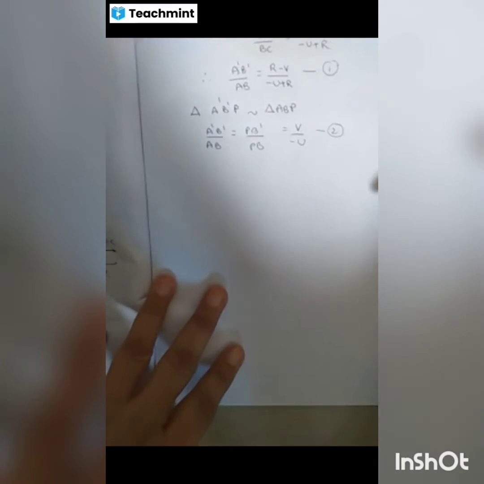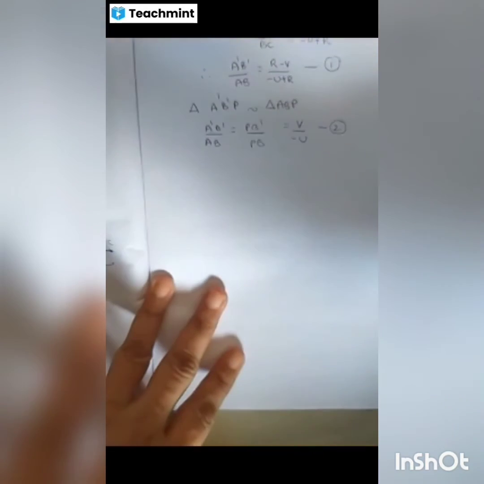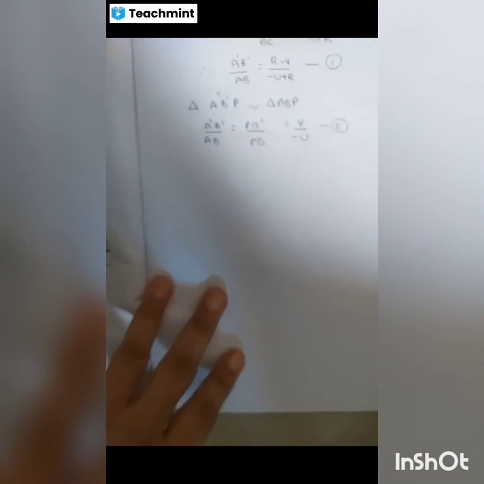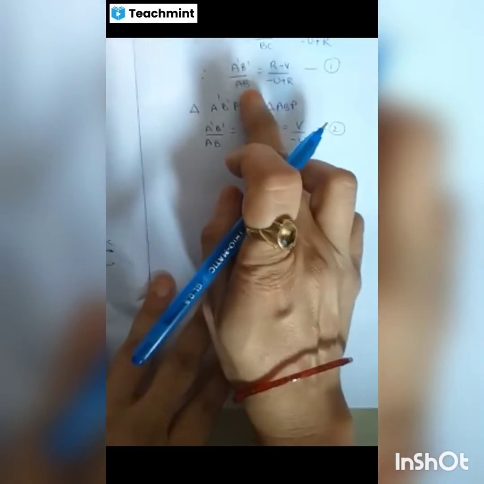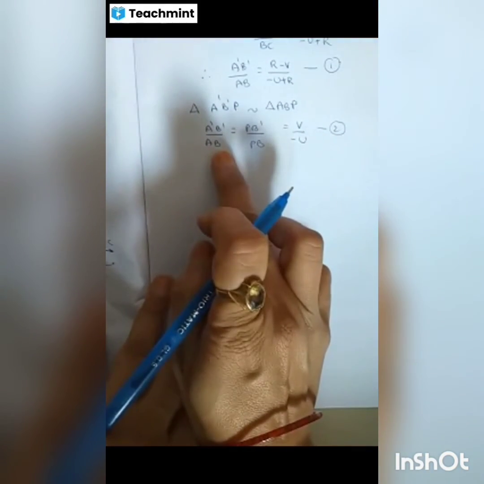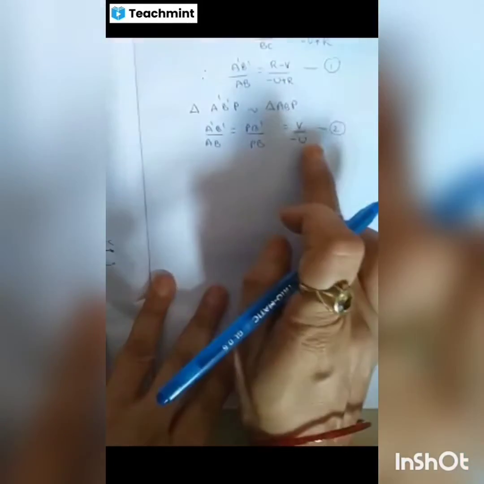From the two equations, A dash B dash by AB, A dash B dash by AB, so we can equate these two.